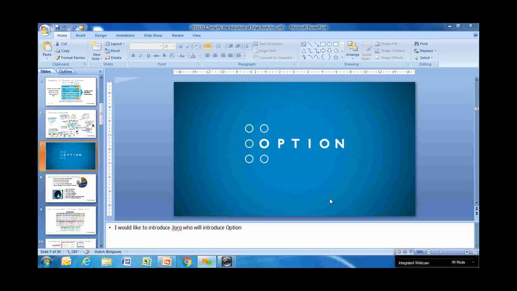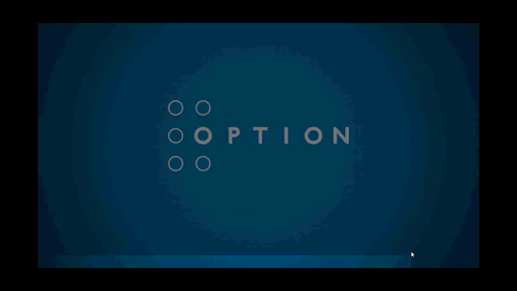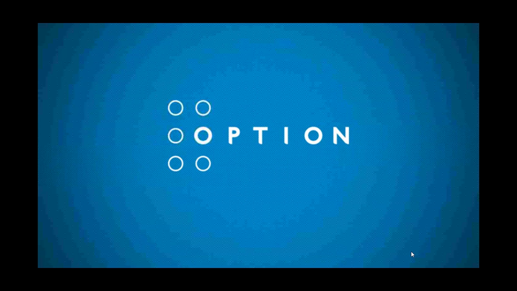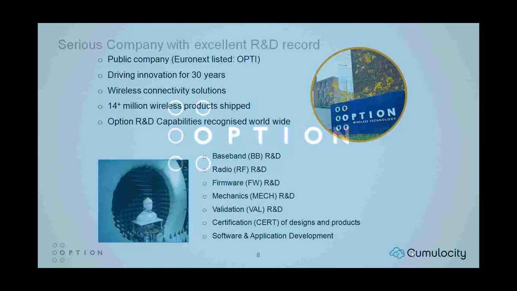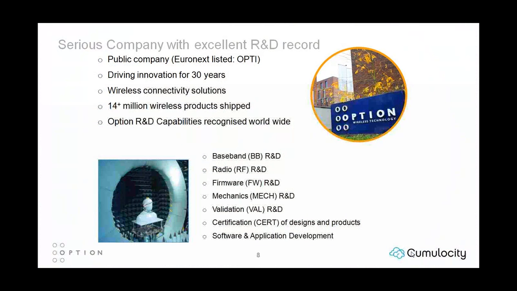So, hello everybody. That's Jörg Palm from Option, and I have the pleasure to give you a quick overview about Option and Cloudgate and our clever edge computing device. So, the company has a serious track record. We are there for longer than 30 years.